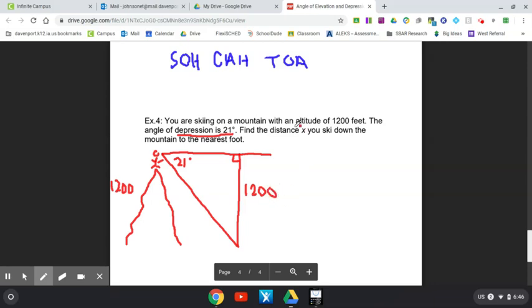So when you record this, you need to figure out what we're talking about for how far you ski down the mountain. You don't ski down a mountain horizontally straight out. You have to ski down at the angle. So I know my x is here.